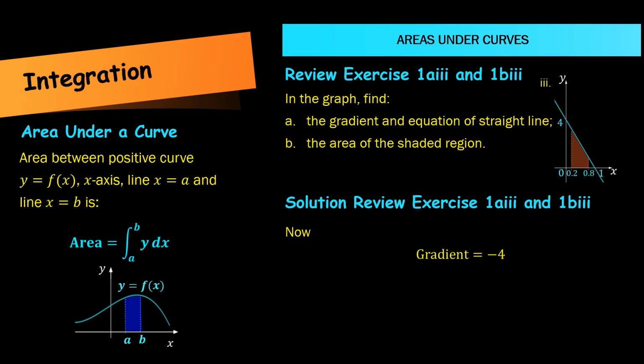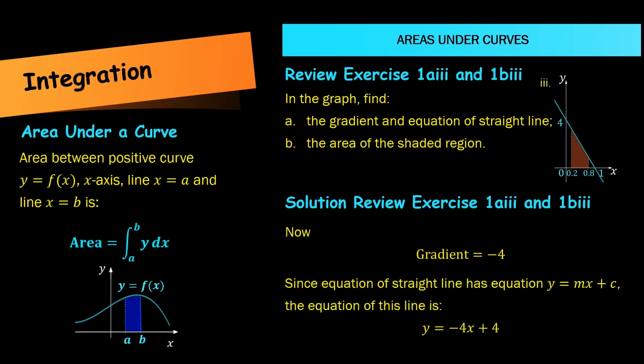Therefore, the gradient is equal to minus 4. Since the equation of the straight line has equation y equals mx plus c, the equation of this line is y equals minus 4x plus 4, where 4 is the y-intercept.